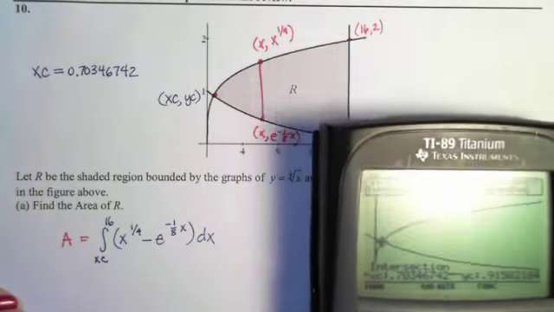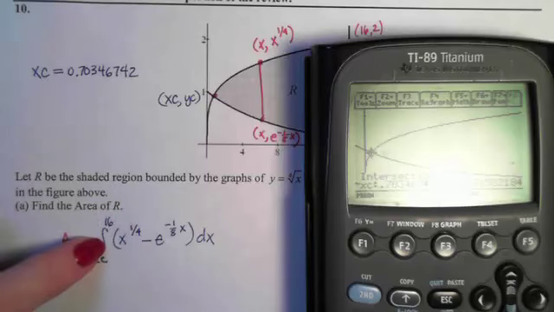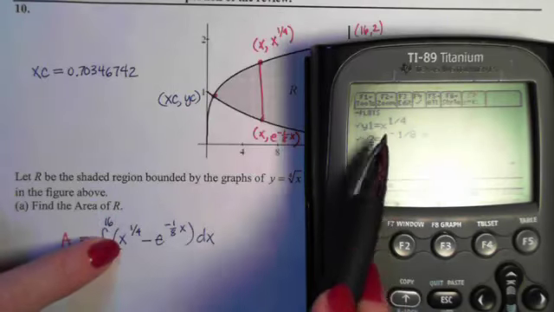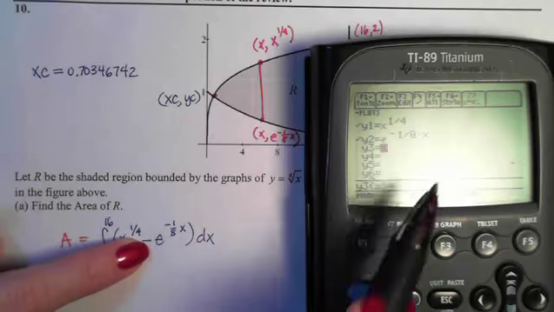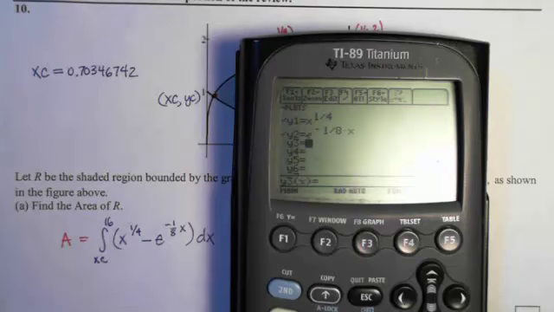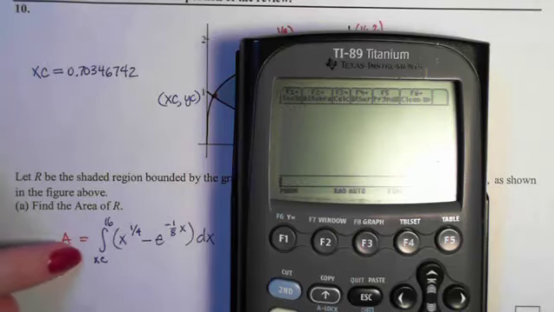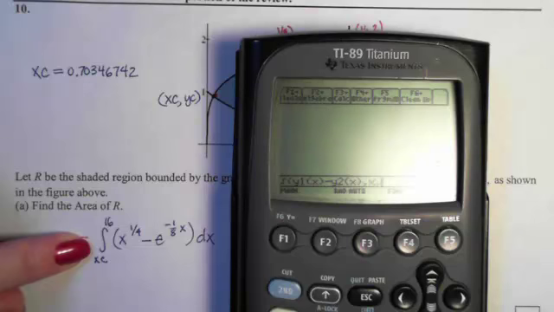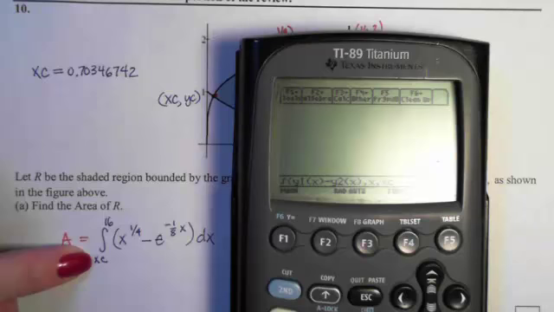On the home screen now, we're ready to compute this integral. Notice that I had x to the 1/4 in y1, and I had the exponential in y2. So I'm just going to use that repeatedly as y1 and y2 on my home screen. If I want to compute this, I will do the integral of y1 of x minus y2 of x with respect to x from xc up to 16.